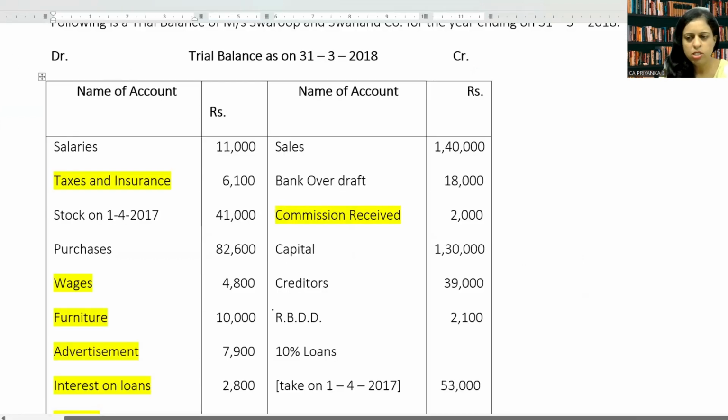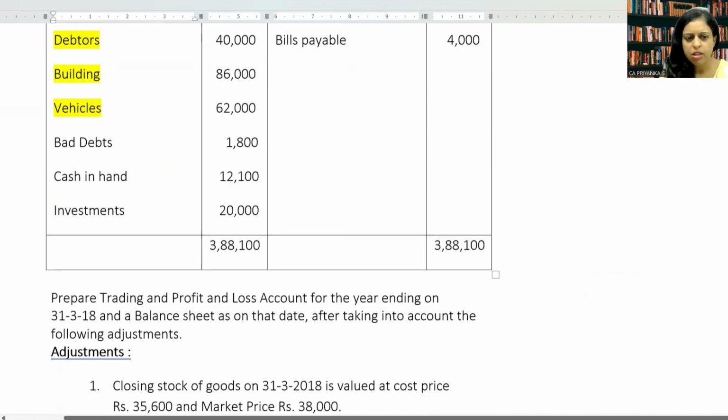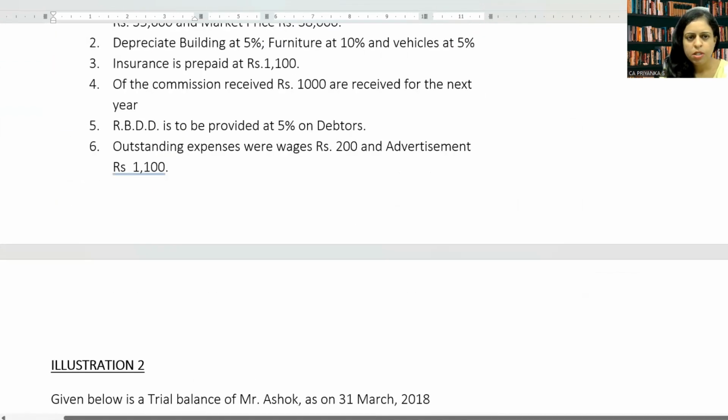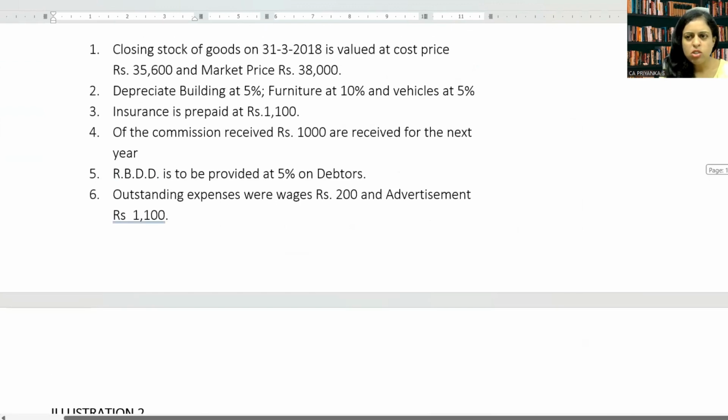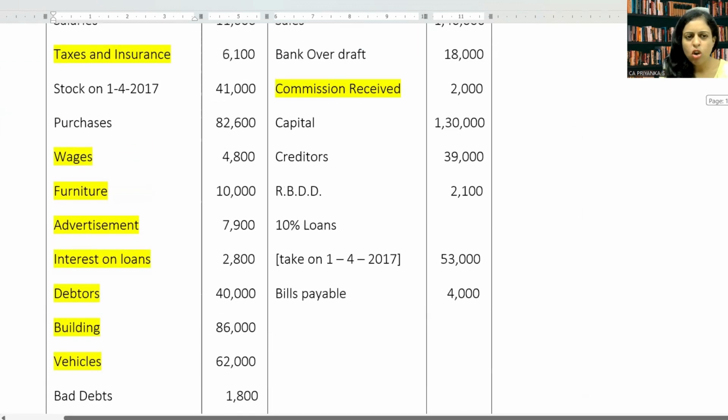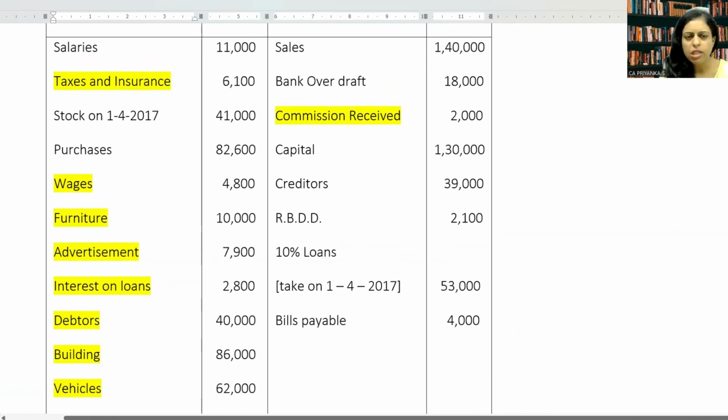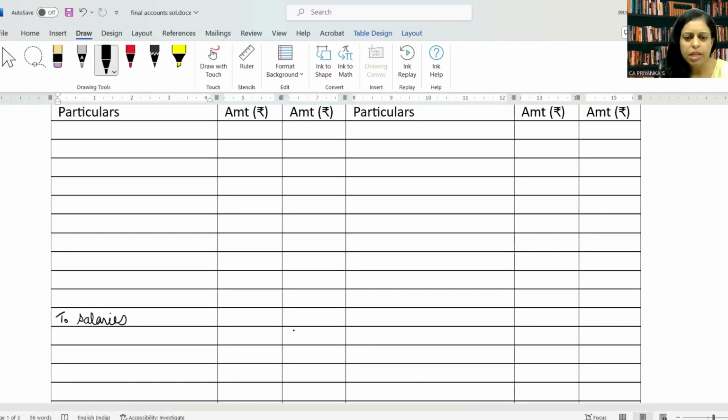If there is no adjustment, I'm going to write in the outer column. So keep that in mind. There is no adjustment entry since we have not marked any adjustment entry here. So salary will have only one effect. It is going to be placed in the outer column, 11,000 rupees.